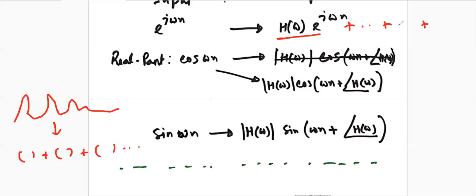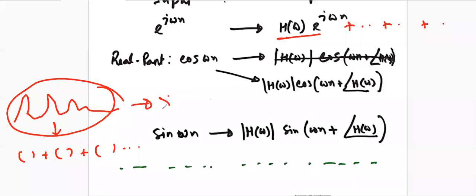So the practical case is like this. In that case, what we do practically is take the signal and move it to the Fourier domain, or the frequency domain, and the impulse response is also converted to the frequency domain, and then we analyze this.